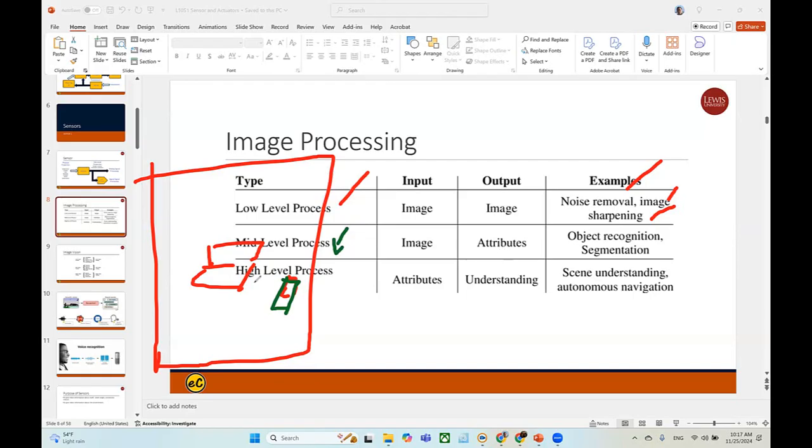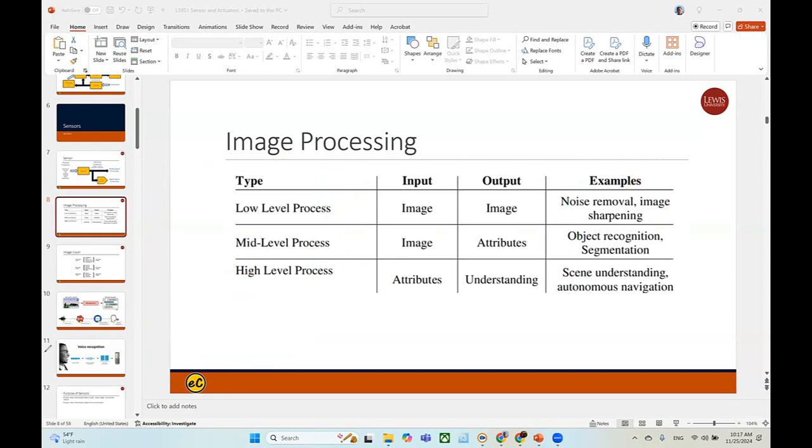And with that data you can continue with pattern recognition to recognize, oh, this one is actually a Toyota Prius car. That is high level. This we no longer call image processing, we call it computer vision. So low level is noise removal, then image processing, and then high level computer vision. These are different levels of image processing.